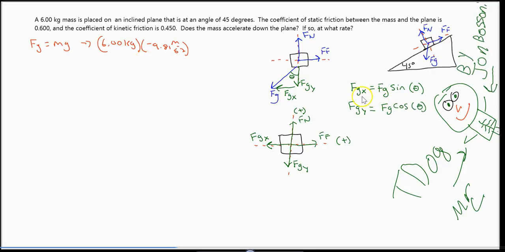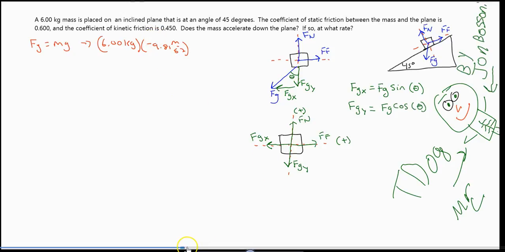After I solve for the components of FGX and FGY, and I see which directions they act, I will assign them positive or negative signs. So finding a positive or negative sign of this FG is actually irrelevant right now. And I'm sorry that I put it in there like that.